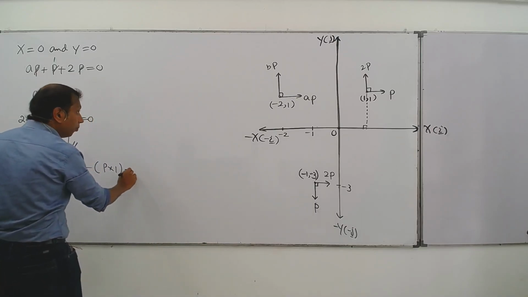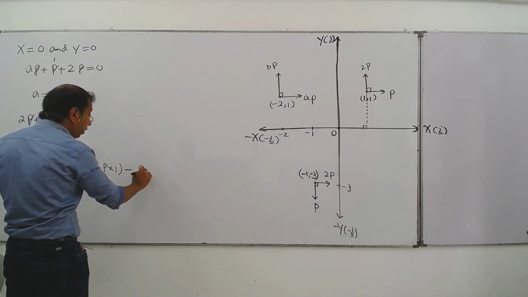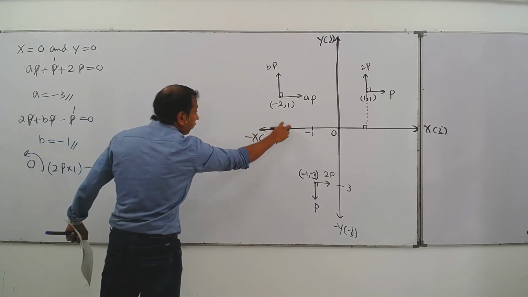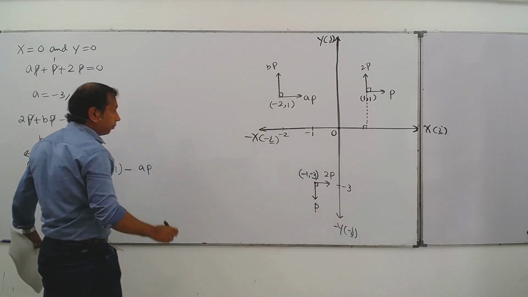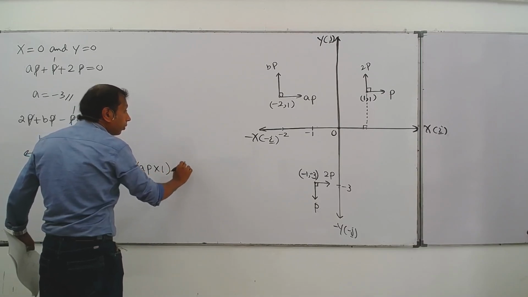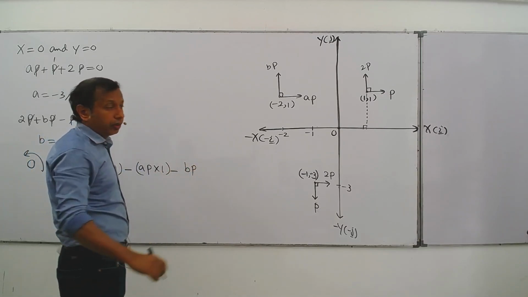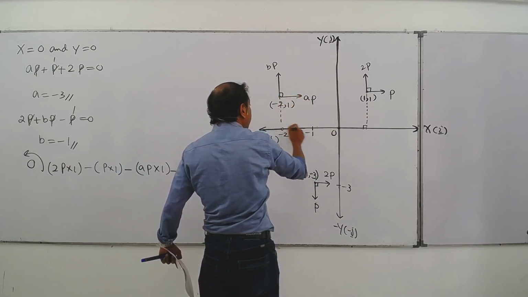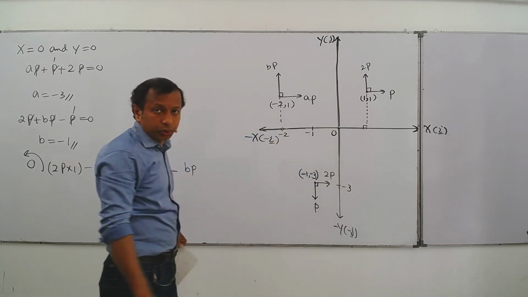Then minus AP, the height is the y coordinate, it's 1. BP about O gives a clockwise moment, the distance, this length, 2.